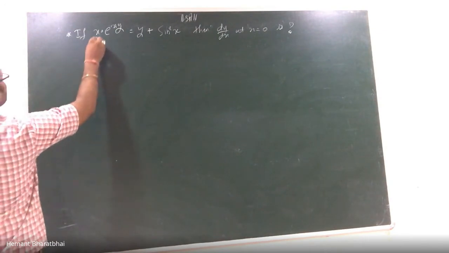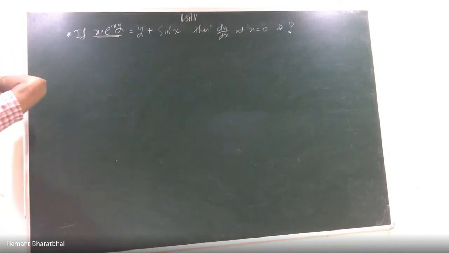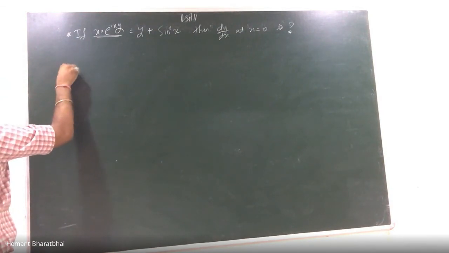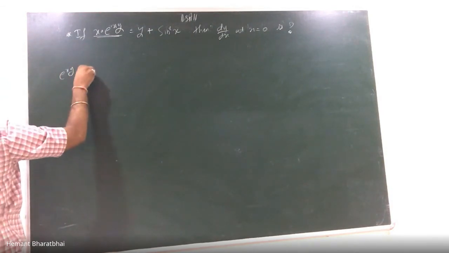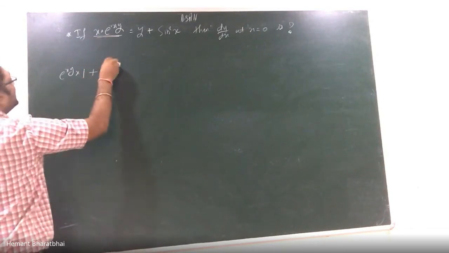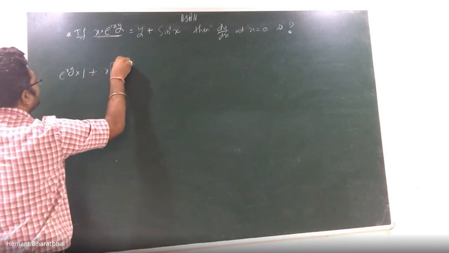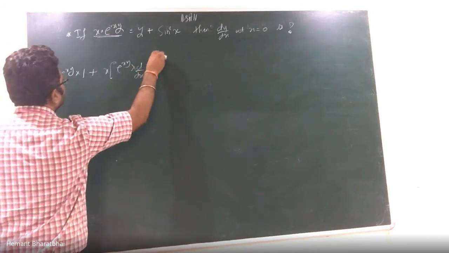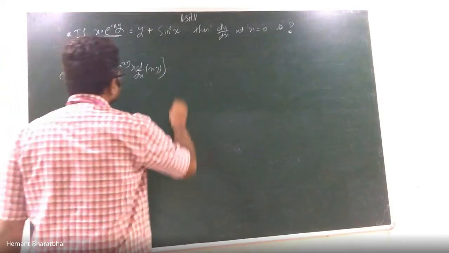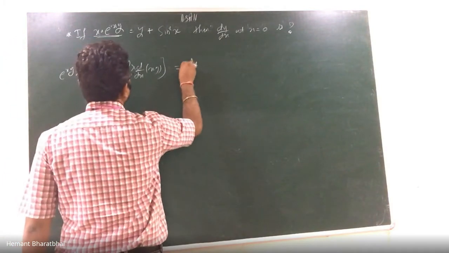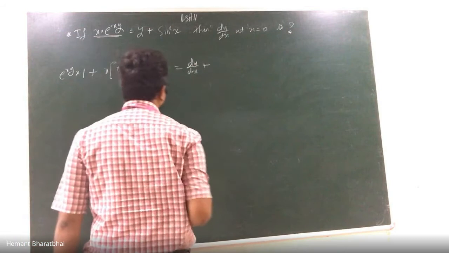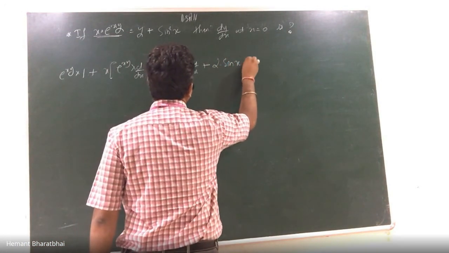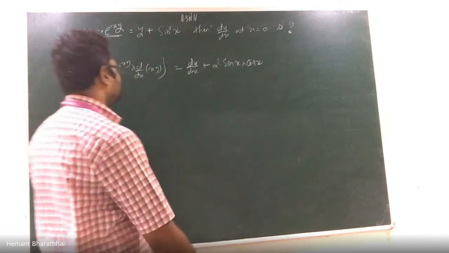Let's solve this. So here I will have to apply u into v. So keeping e raised to xy as constant, derivative of x will be 1. Then x into derivative of e raised to xy will be e raised to xy into d dx of xy. Is equal to derivative of y will be dy by dx plus derivative of sine square x will be 2 sine of x into derivative of sine x will be cos x.